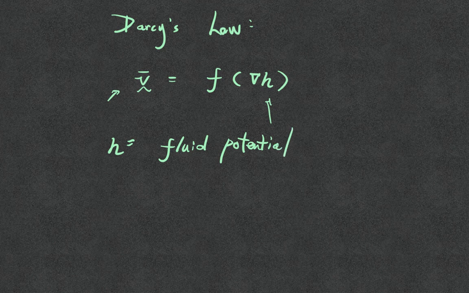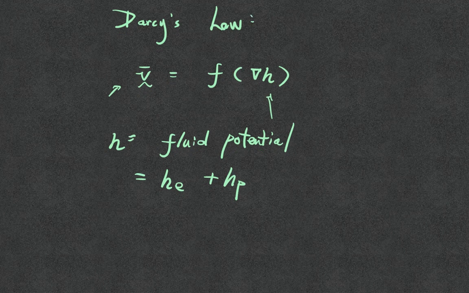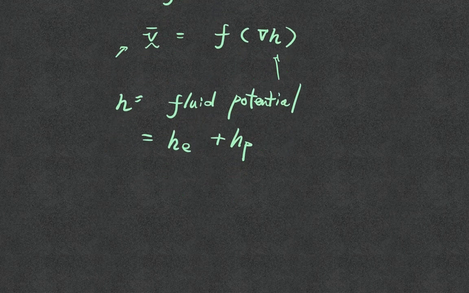And this is equal to two components: the elevation head and the head related to the hydraulic pressure. The elevation head is simply the height relative to the reference point, and the hydraulic part is related to the pore pressure divided by the intrinsic density times the gravity.